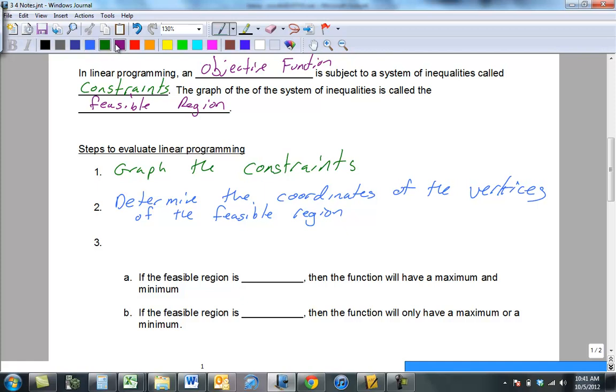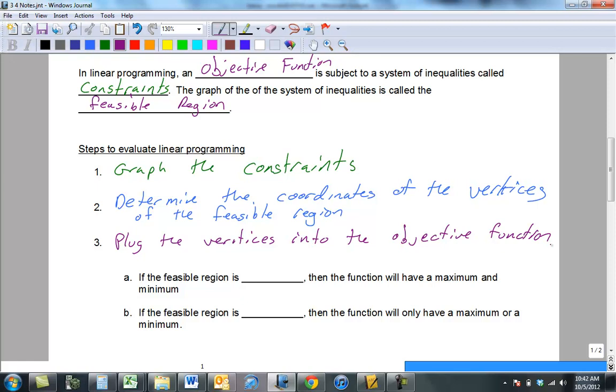Then step 3 is you're going to plug the coordinates of the vertices into the objective function.